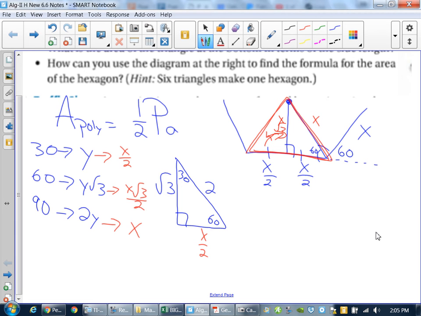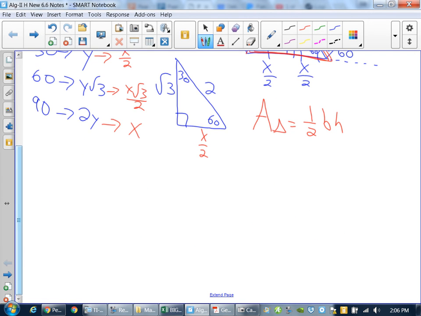So the area is 1/2 base times height, which gives you 1/2 x root 3 over 2. What's x times x? And what's 1/2 times 1/2? 1/4. So you get x squared root 3 over 4 as your overall area.